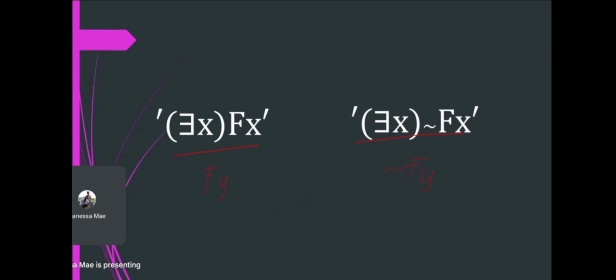But remember that we are still perfectly free to use UI, universal instantiation, on for all x, to instantiate with respect to any variable or constant we choose. The preceding remarks can be illustrated by constructing a proof of validity for the argument.